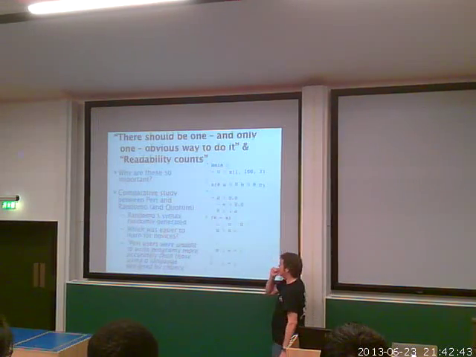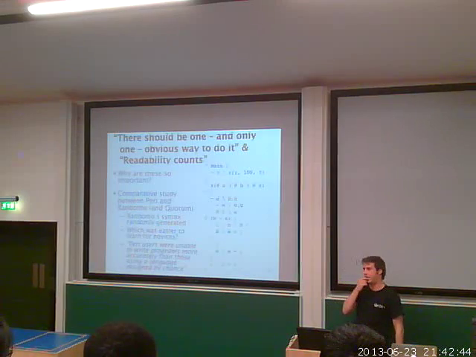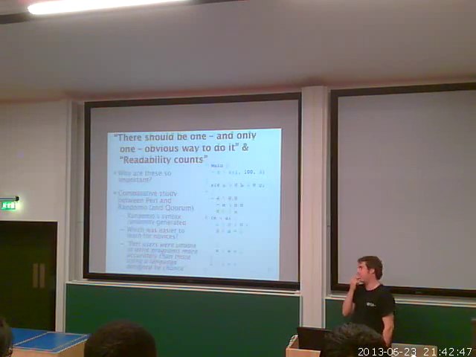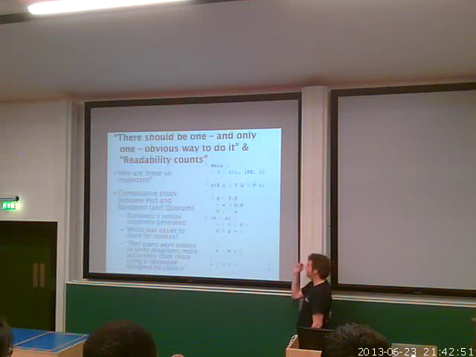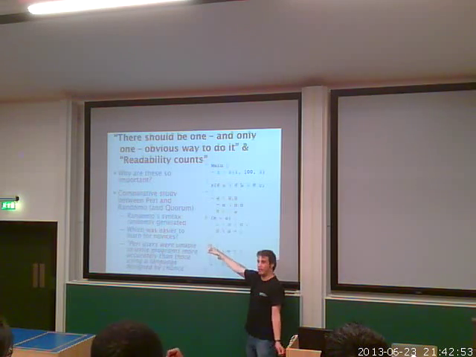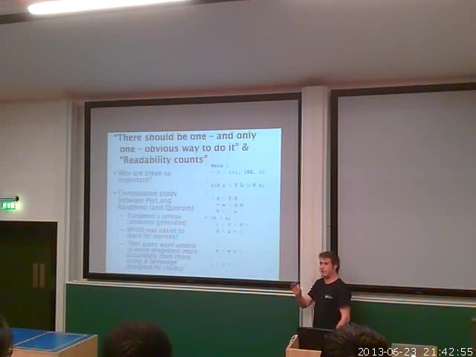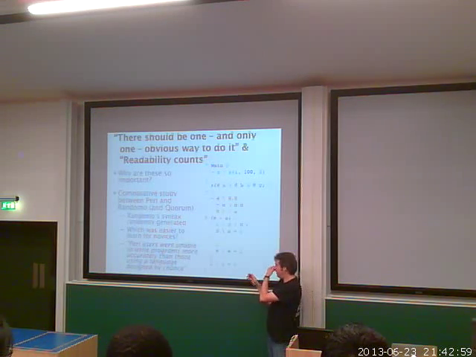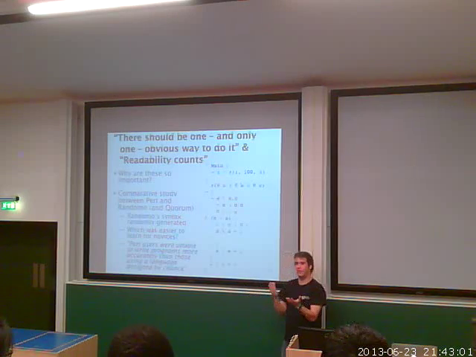There was an interesting comparative study between Perl and a language called Randomo, and another language which isn't particularly important here. The interesting thing was that Randomo's syntax was absolutely randomly generated. They compared it with Perl and tried to determine which was the easier language to learn.